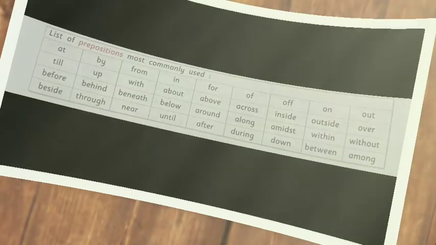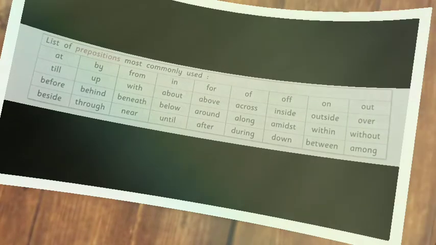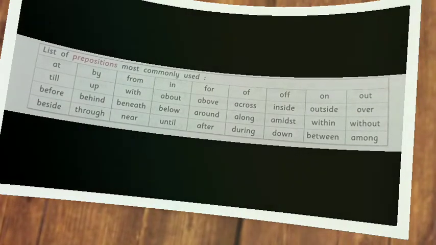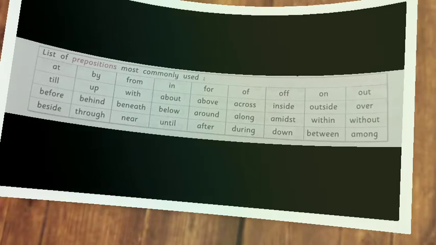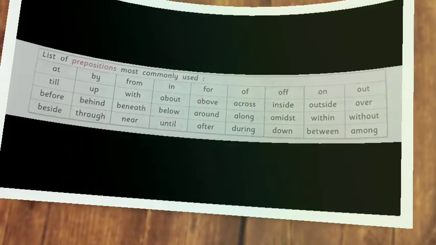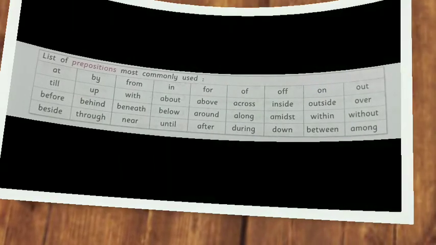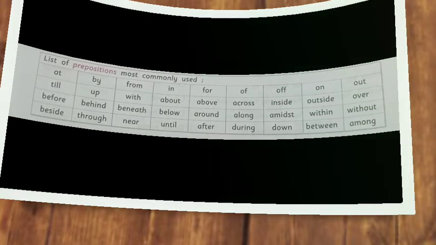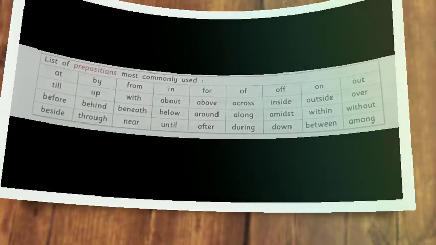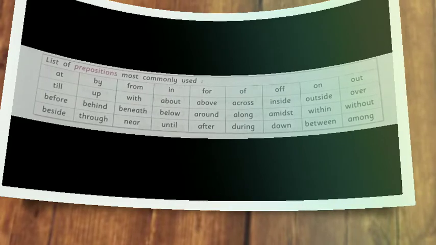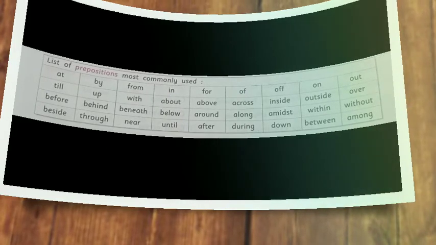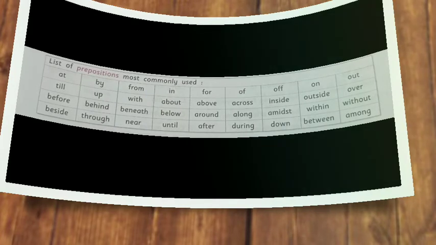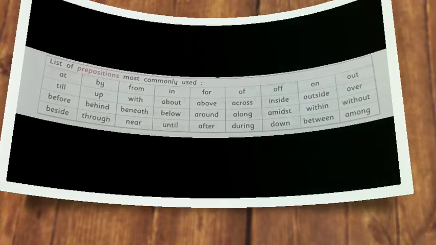At, by, from, in, for, of, on, till, up, with, about, above, across, inside, outside, over, before, behind, beneath, below, around, along, amidst, within, without, beside, through, near, until, after, during, down, between, among. These are some common prepositions.